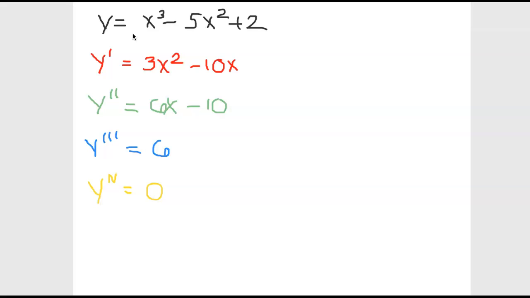So this is all the derivatives of that. There are no further derivatives because the derivative of 0 is 0 and 0 and 0. So this function has 4 derivatives. And that is how you find higher order derivatives.